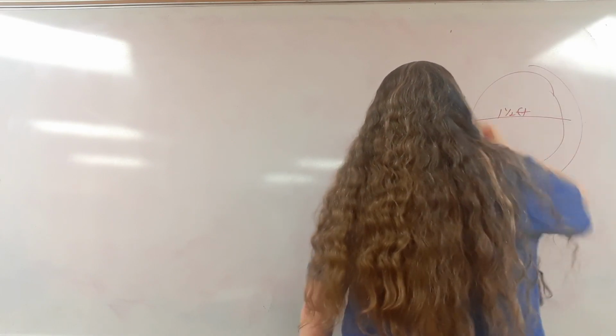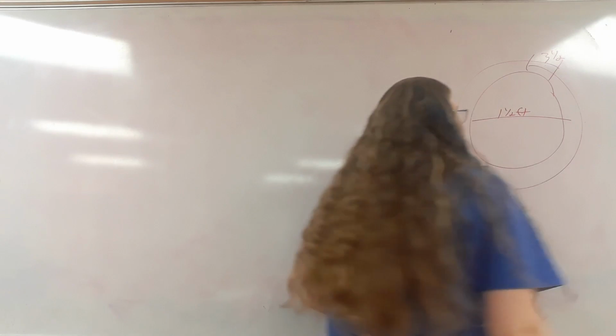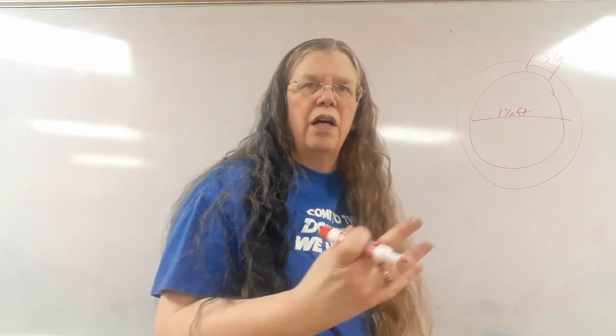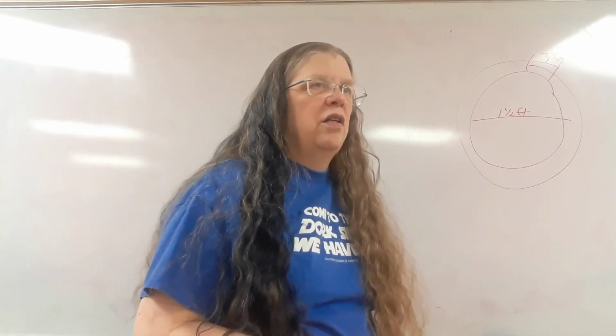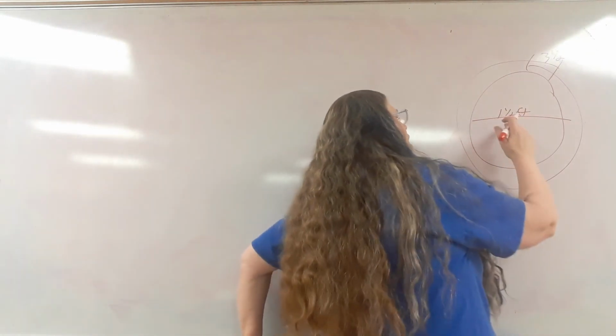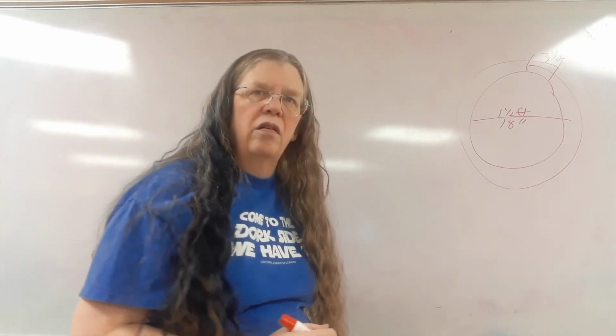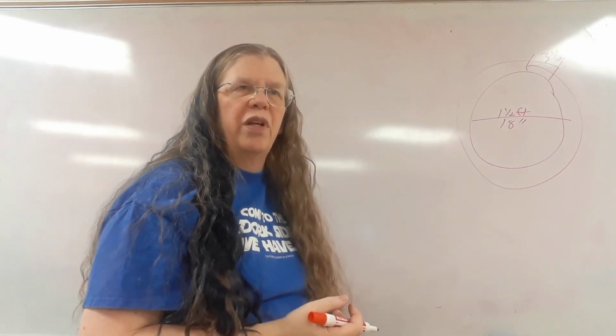We're going to go all the way around it and have a 3.5 inch overlap to hold it in tight. So 1.5 feet is 18 inches, because we want to work with whole numbers if we can.